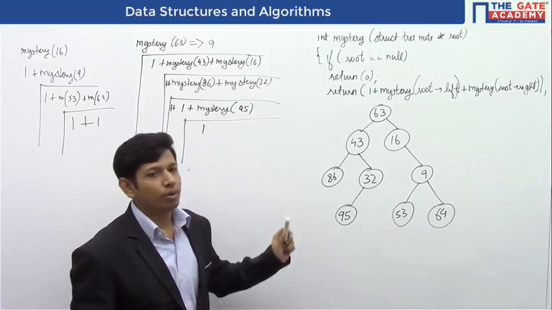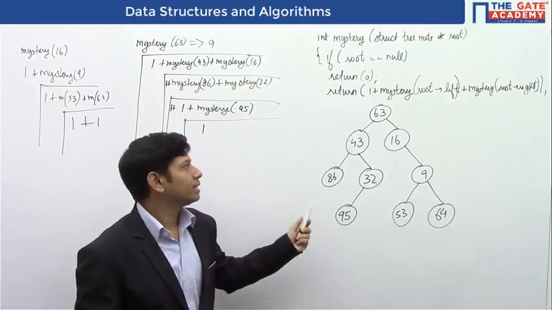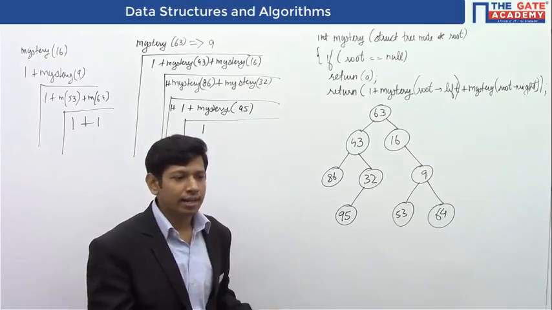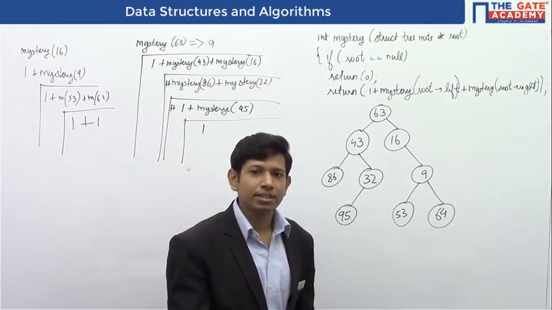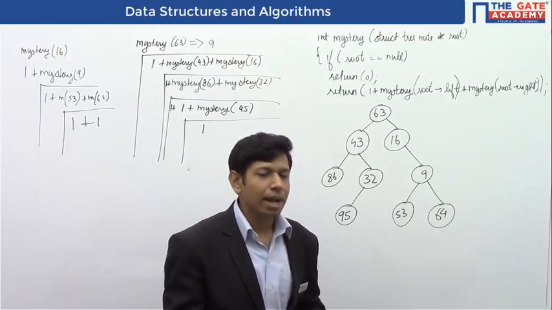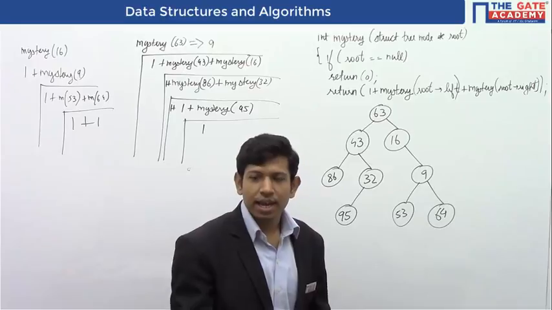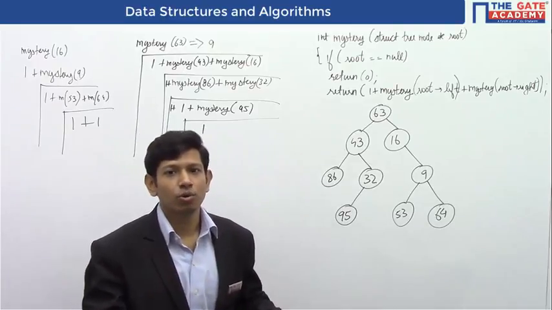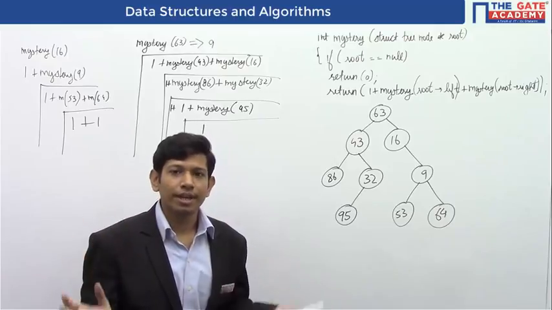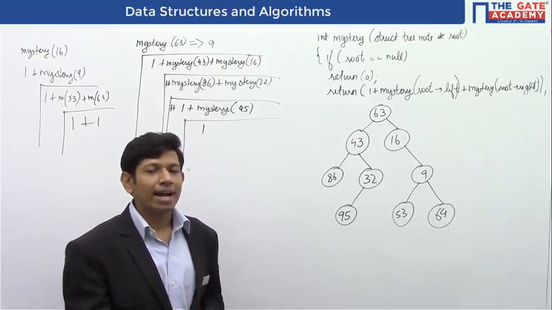So what it is doing in effect is adding 1 for each node and passing on the code to the child node. Again, the child will add 1 for itself and pass the code to both its children. Like that, each node will add 1 for itself and pass the code to its children. So for each node in the tree, we will add 1.